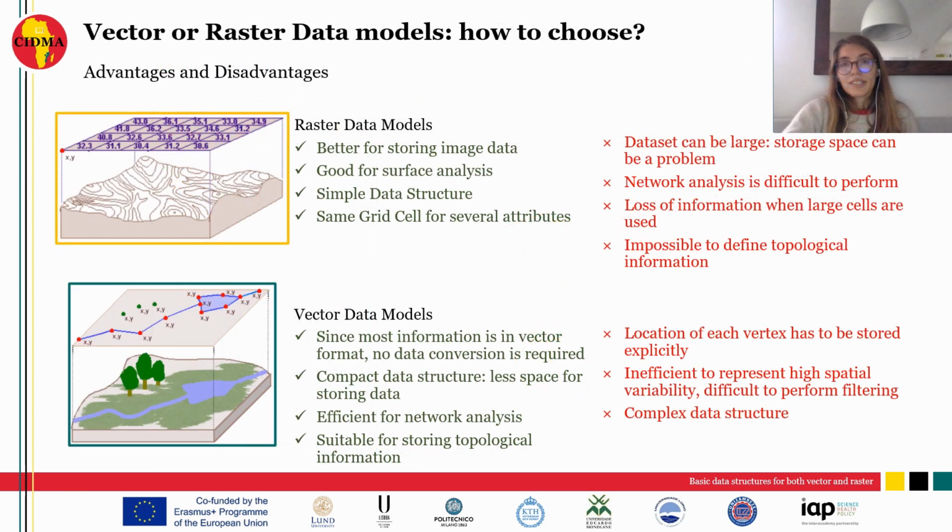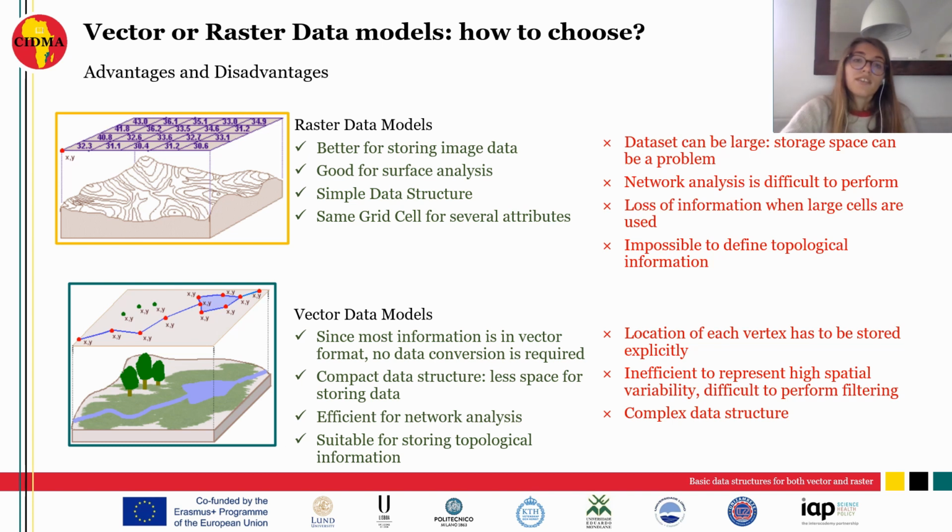So in the end we have separately talked about raster and vectors, and we now want to compare them, looking at their advantages and disadvantages. If we start from rasters, we can say that they are good for storing image data and representing reality in a continuous grid of pixels. They are also good for surface analysis.